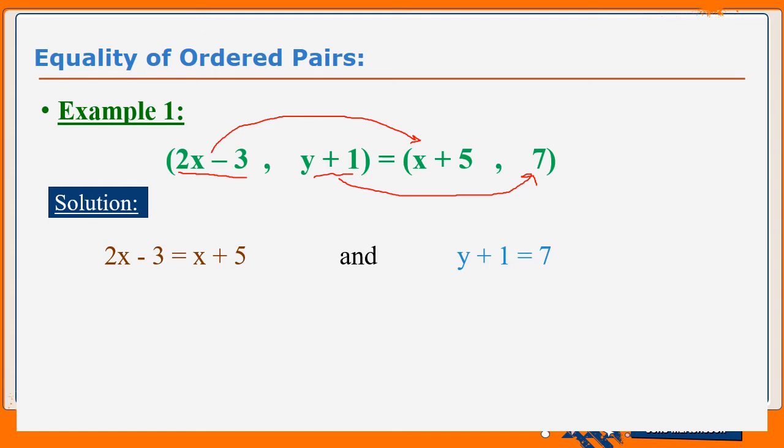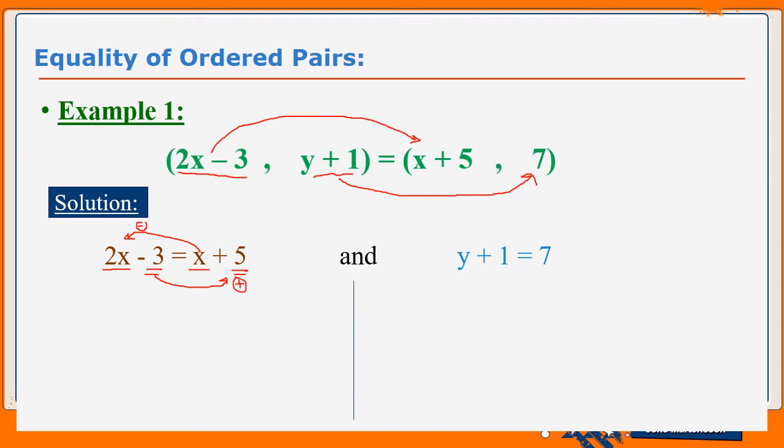So we want to have the like terms together. 2x will be with the negative sign, negative 3 will be with the positive sign.